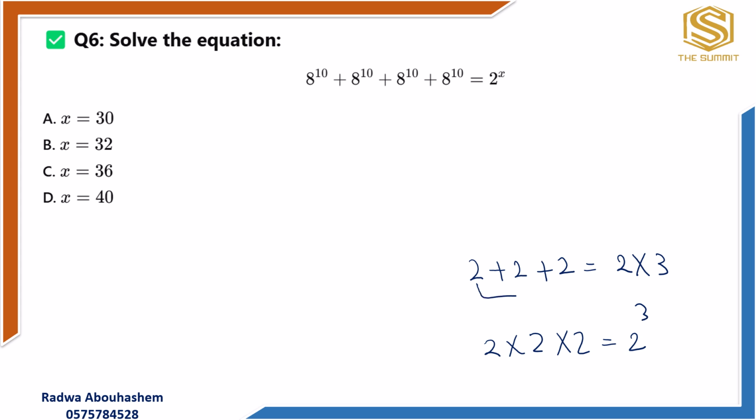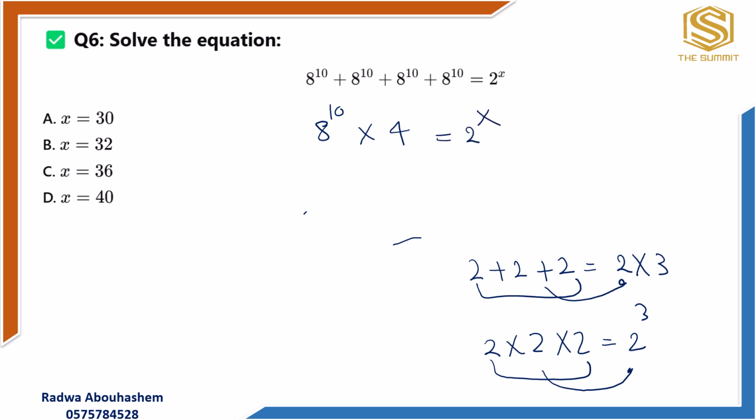So repeated addition, you convert to multiplication, and repeated multiplication, you convert to power. So I can apply the concept here. This is 8 to the power 10. The repeated addition, I convert to multiplication. How many times do you repeat the 8 here? It's 4 times.